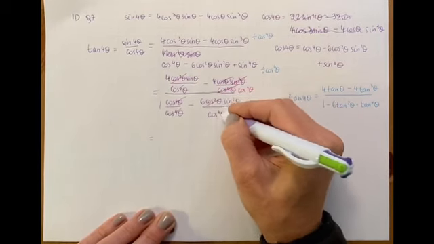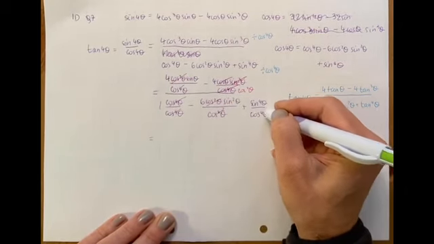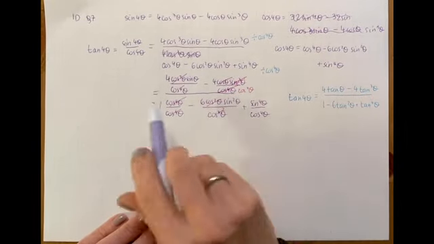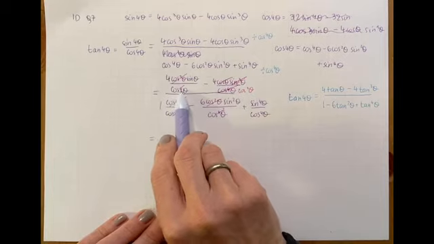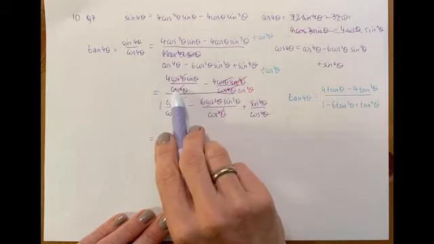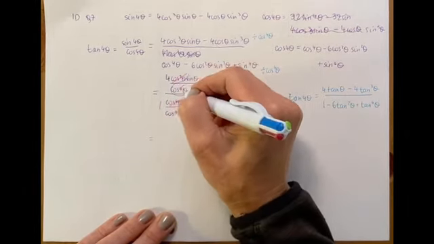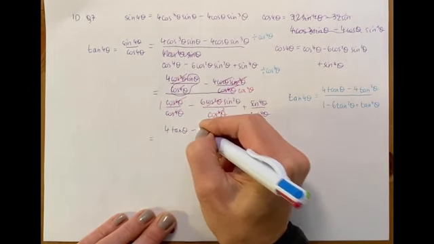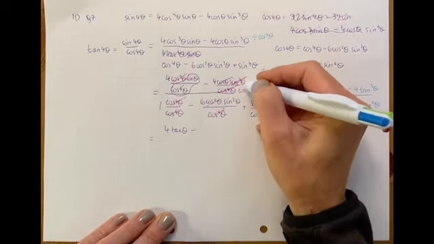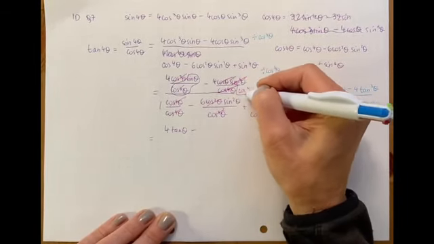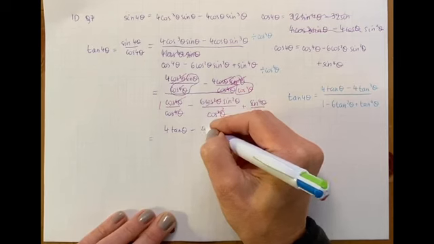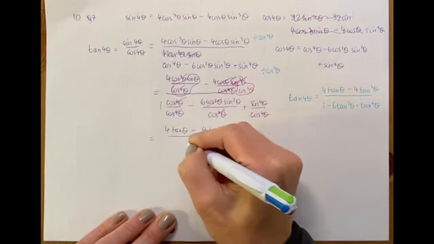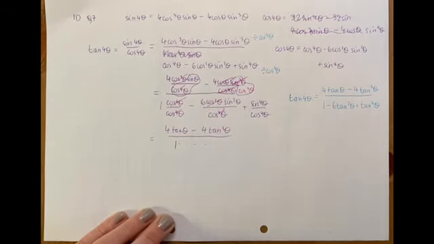You've got cos squared, so 2, and this one can't cancel. What we should have left is this. Do I have 4 tan theta? I do. Do I have 4 tan cubed? Well, it didn't initially, I made a mistake, but yes, sine cubed over cos cubed, etcetera. So you can finish it off.